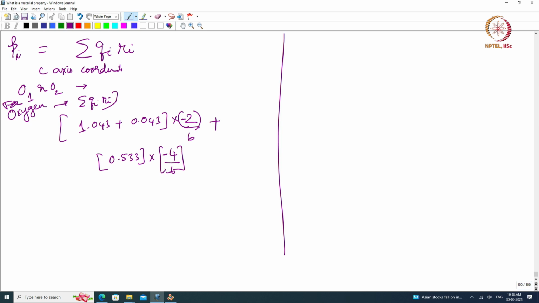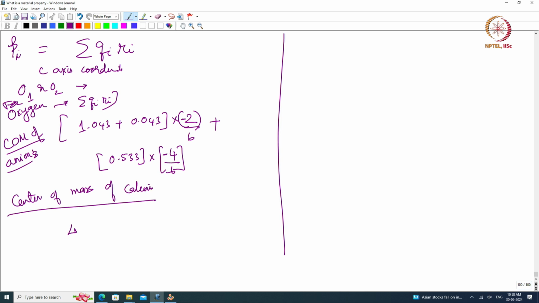So this is the center of mass of the oxygen charge, the center of mass of the anions. Now the center of mass of the cations is 4 times the titanium position, and titanium is at just the c axis. I am just going to consider the c axis.